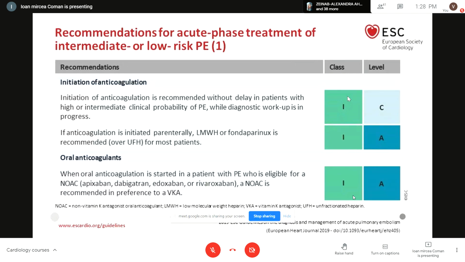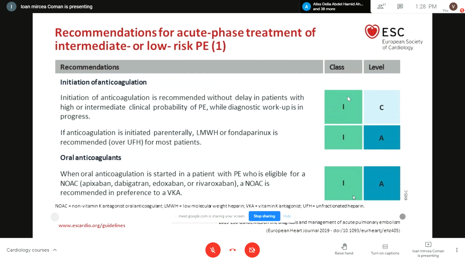Now, if the patient is not hemodynamically unstable or in a high risk and worsening condition, then we should treat the patient with classic anticoagulation. Anticoagulation generally uses low molecular weight heparins or fondaparinux.